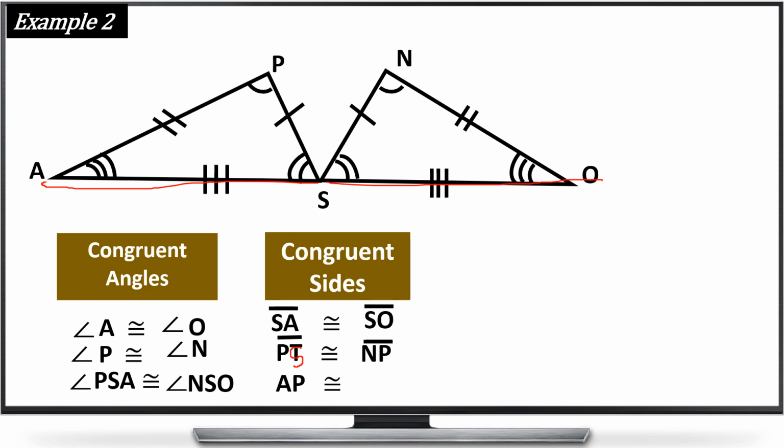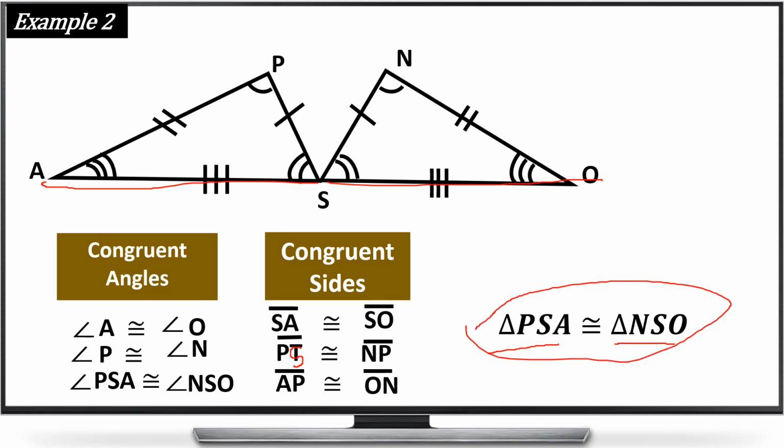Then, we have here line segment AP is congruent to line segment ON. And therefore, since ang corresponding parts natin ay congruent sa isa't isa, tatandaan na pag congruent sila sa isa't isa, masasabi natin na ang dalawang triangle are congruent. And therefore, triangle PSA is congruent to triangle NSO in the sense that their corresponding angles and sides are all congruent. That's it.